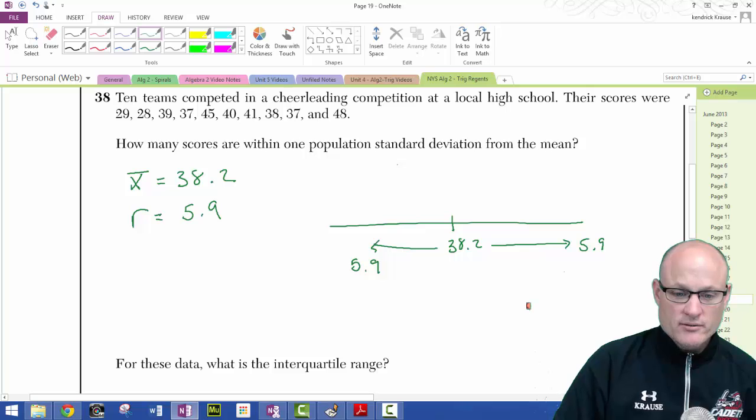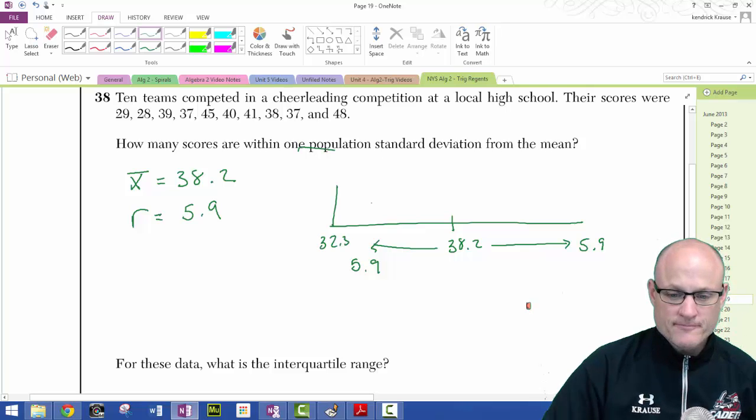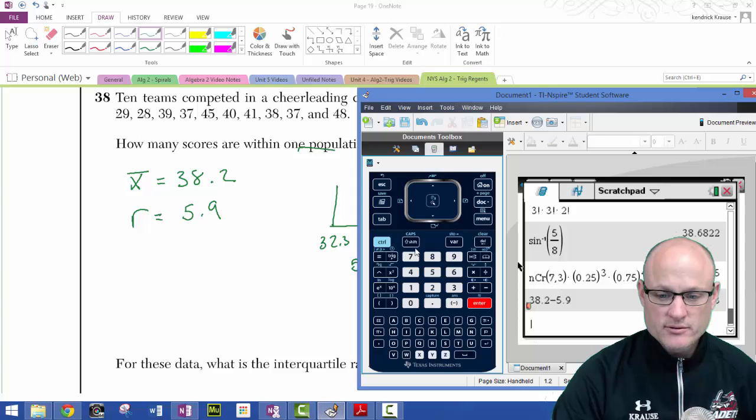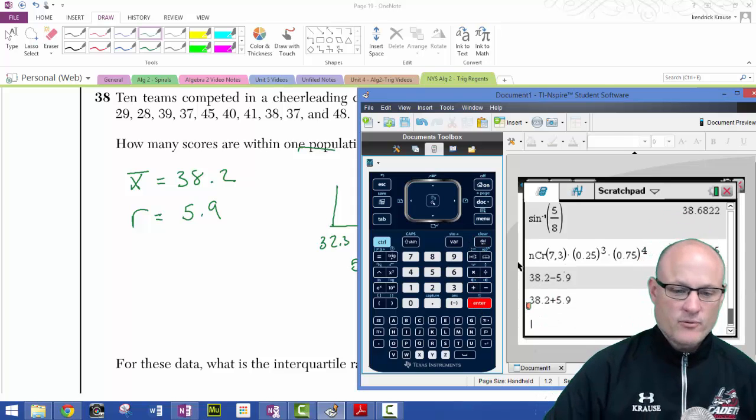So the lower end is 32.3. And my upper end is going to be 44.1.